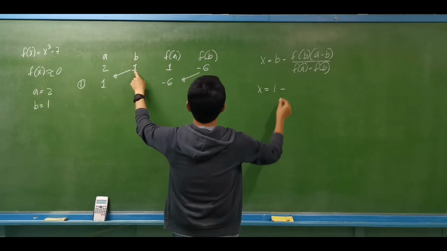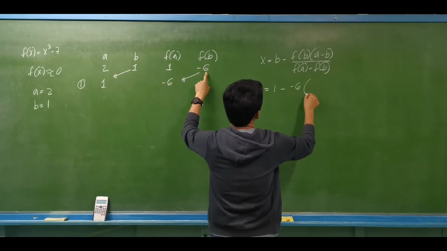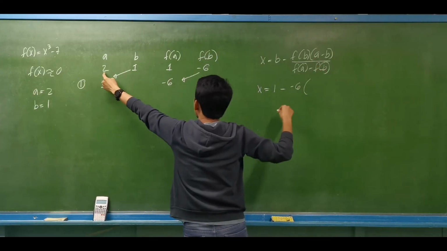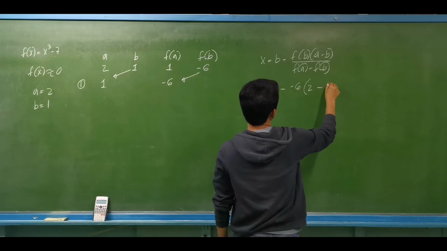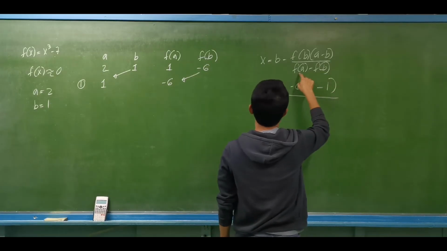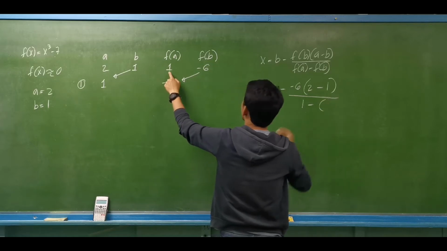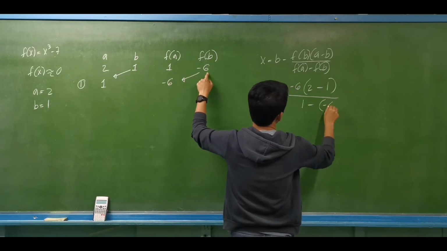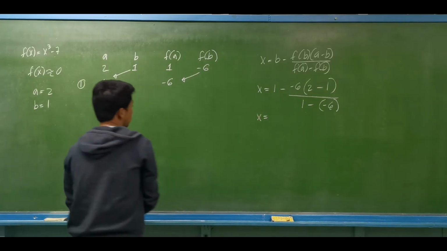That is 1 minus, what is our f of b initially? This is negative 6. Multiplied by our initial a, which is positive 2, minus our initial b, which is 1. This is divided by, what is f of a? Initially, we have 1 minus our initial f of b, which is negative 6. This is the new value of x.